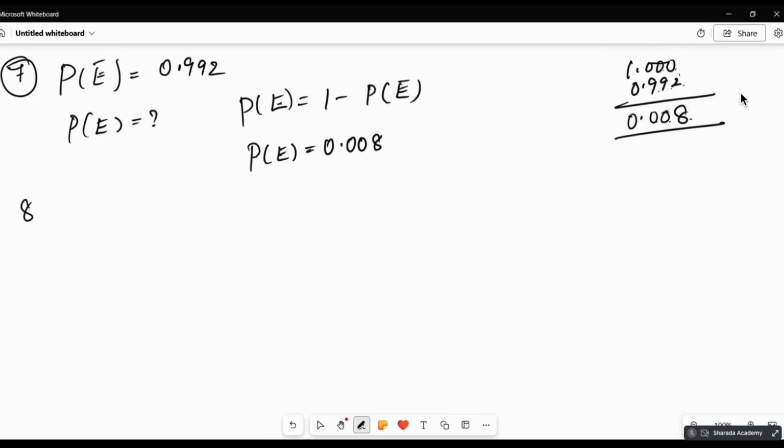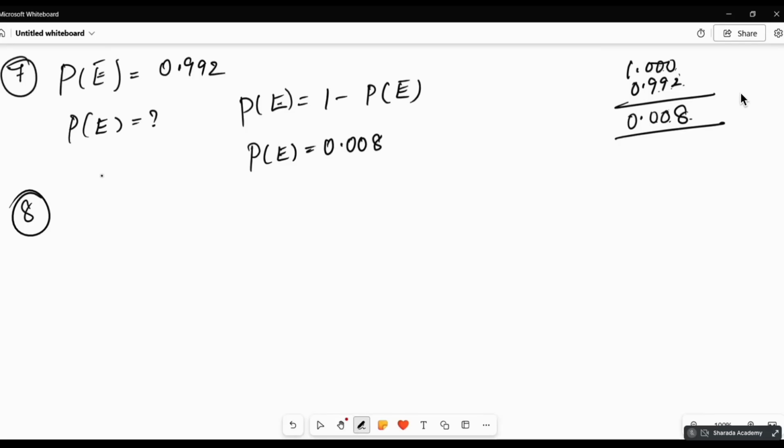Netra, next one, try. Good. So a ball is drawn at random from the bag.